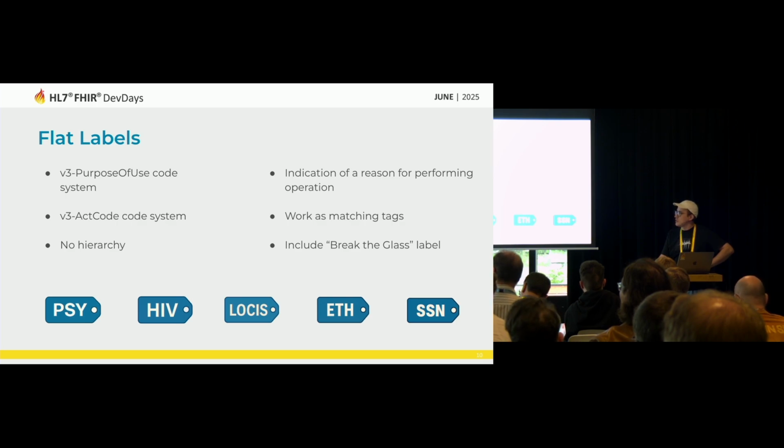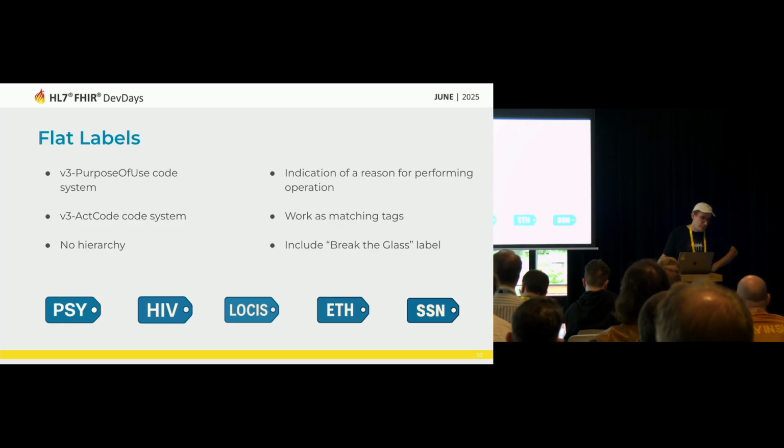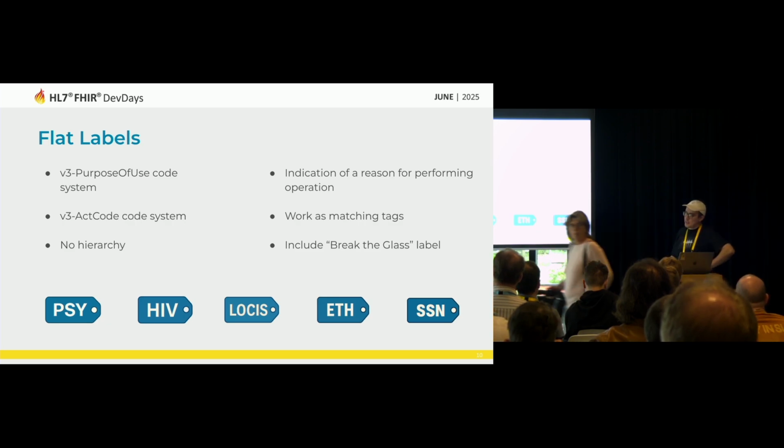I know that AidBox is highly configurable, so do you happen to know how health systems that use AidBox deal with that possible risk when using labels like this? As I said, the FHIR security spec does not tell you the exact behavior, so it's always up to the implementer. And yeah, I don't have a real answer for this.